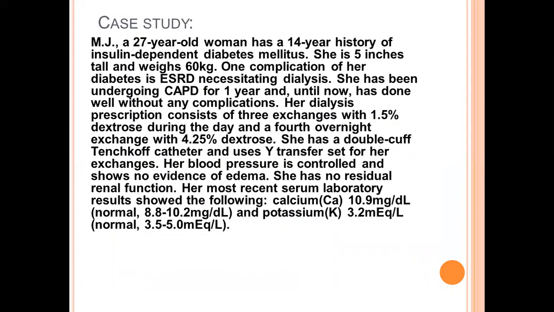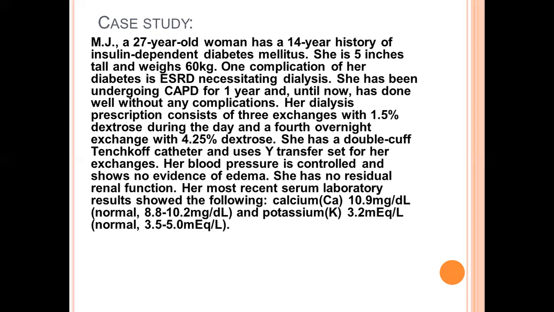Here's a case study. MJ, a 27-year-old woman, has a 14-year history of insulin-dependent diabetes mellitus. She is 5 feet tall and weighs 60 kg. One complication of her diabetes is ESRD, necessitating dialysis. She has been undergoing CAPD for 1 year and until now has done well without any complications.